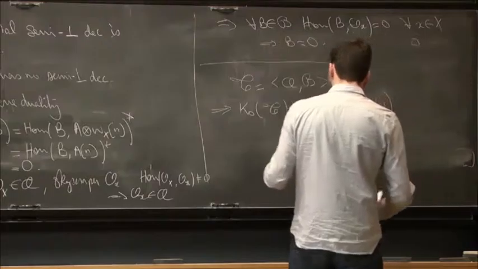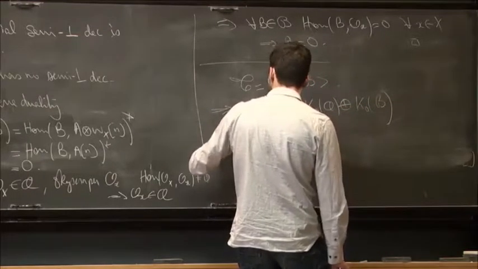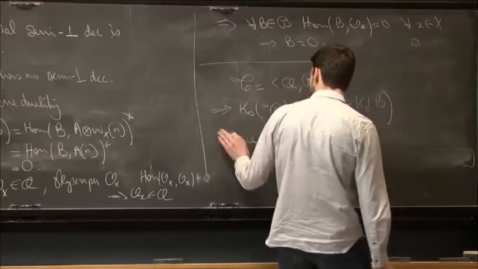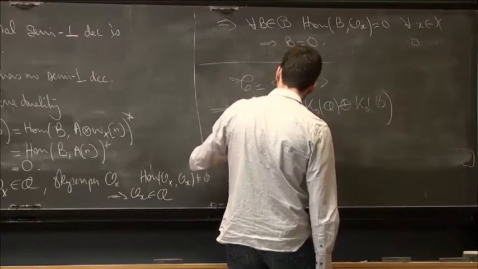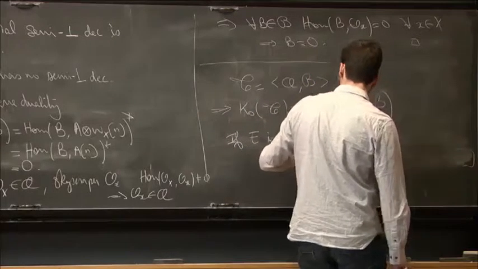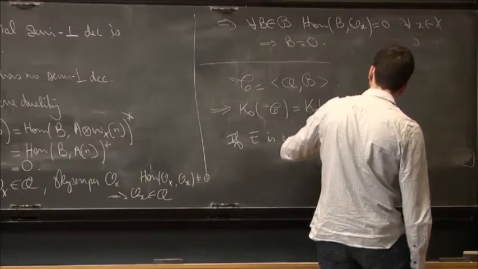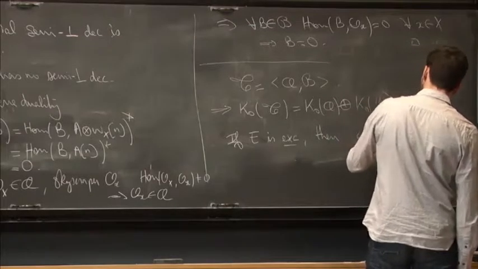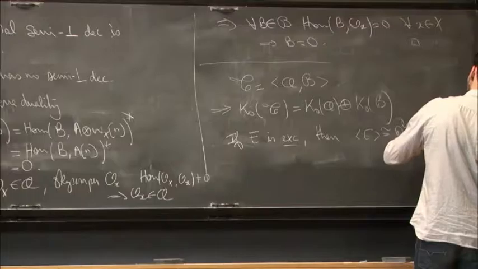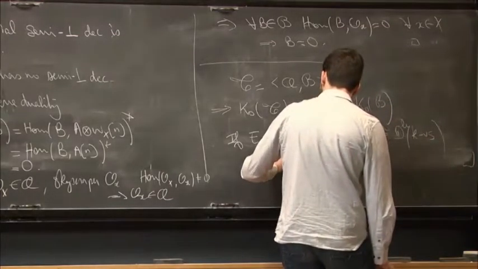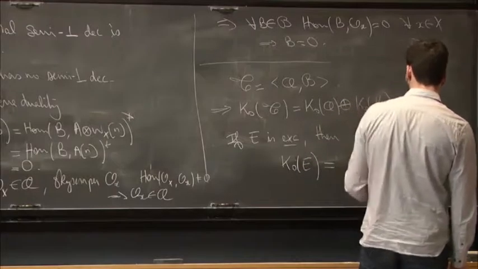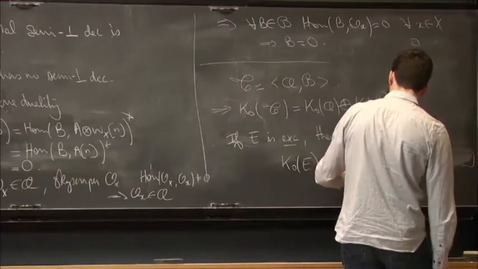Okay. So now, if E is exceptional, then the subcategory generated by E is equivalent to D^b of k-vector spaces, and so K0 of E is just equal to K0 of k-vector spaces, which is just Z. Okay.